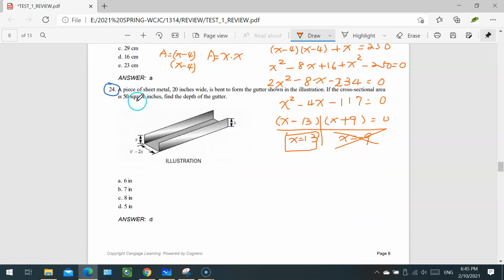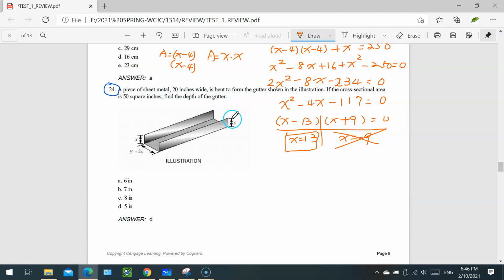Number 24. A piece of sheet metal 20 inches wide is bent to form the gutter shown in the illustration. If the cross-section area is 50 square inches, find the depth of the gutter.